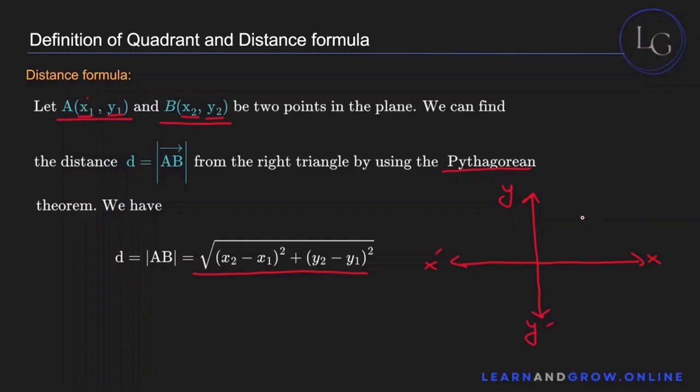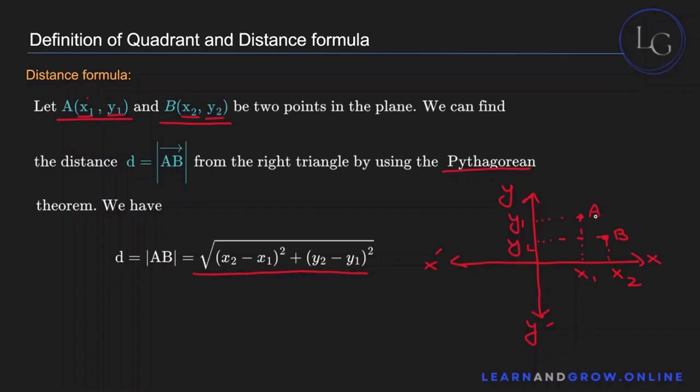Say you have this point here as point A, and it has the x value of, say, x1 and this is y1, right? And say you have, let's say, this point B over here, and this is x2 and this is y2.